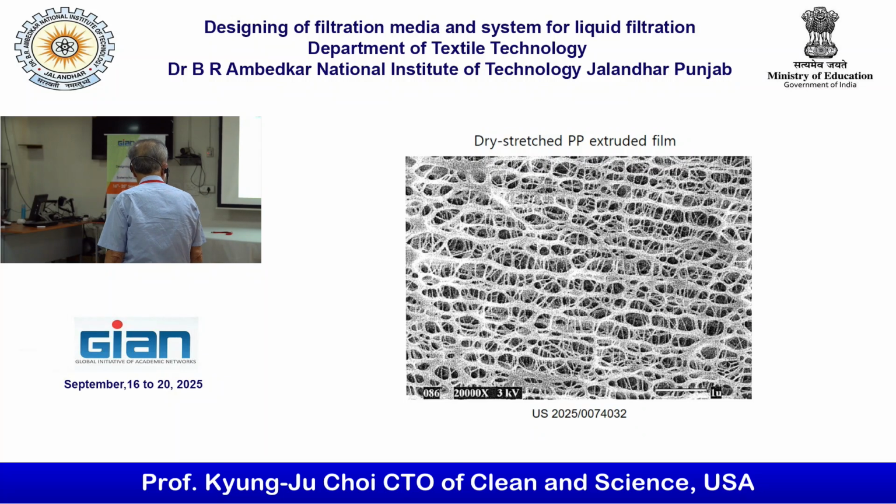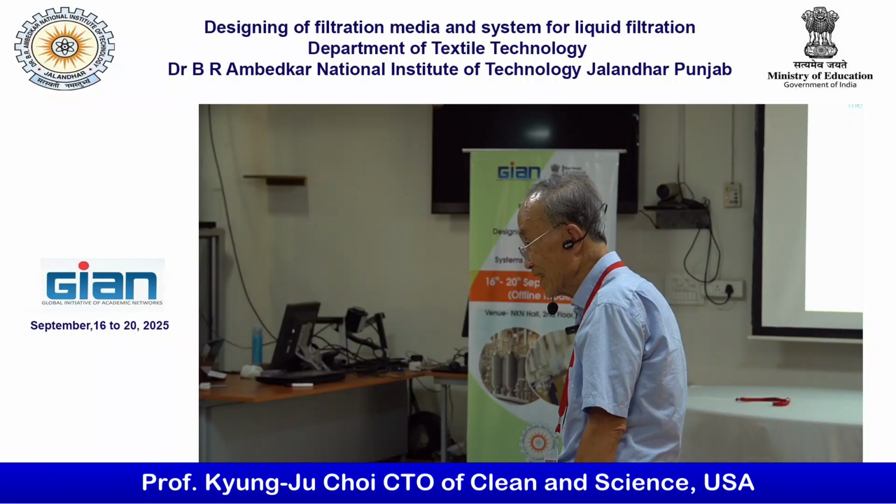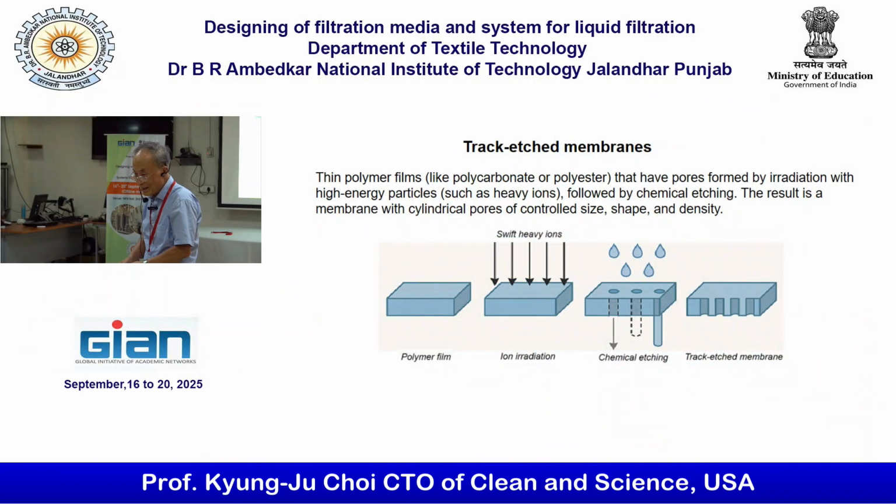Now, track etch membrane. The father mentioned sometimes making porous material by putting some holes in it and stretching it, but this one doesn't stretch; actually it makes holes in it. That's the etch process.